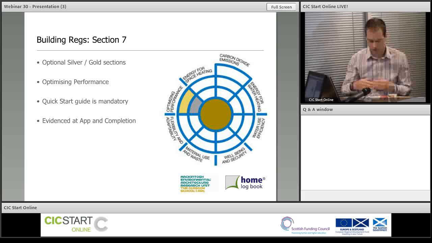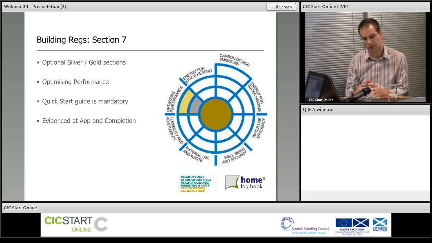So if you are trying to achieve a silver or gold or platinum level within the building regulations, then you must produce a Quick Start Guide. The regulations say that you must produce a draft of the guide at application stage, and then a full version must be available for the building inspector at completion stage.